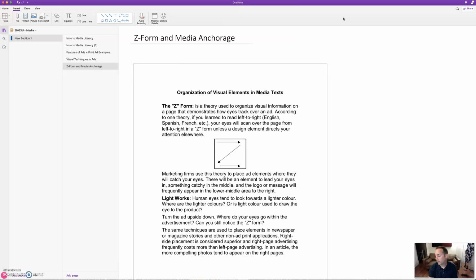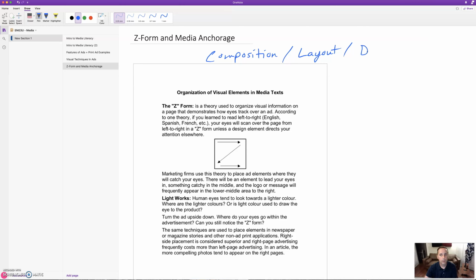So coming now to a few short ideas in terms of ways that the composition and layout of an ad can be structured, and it has to do with the overall composition, the layout, and the direction we read an ad.